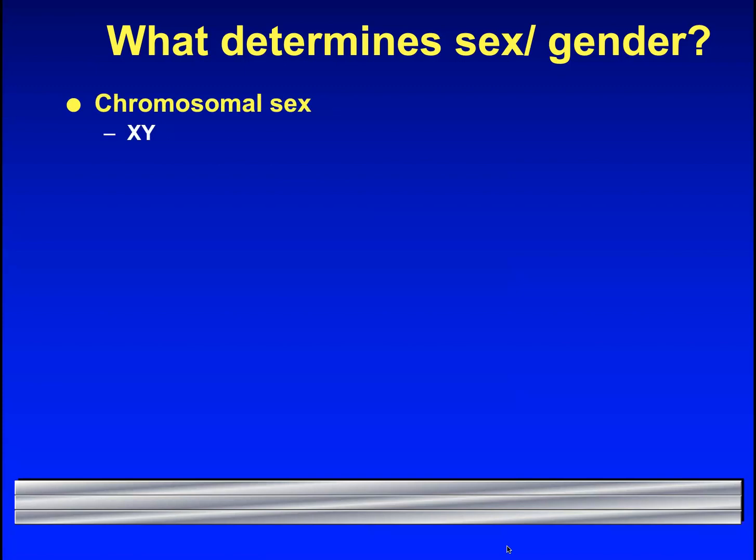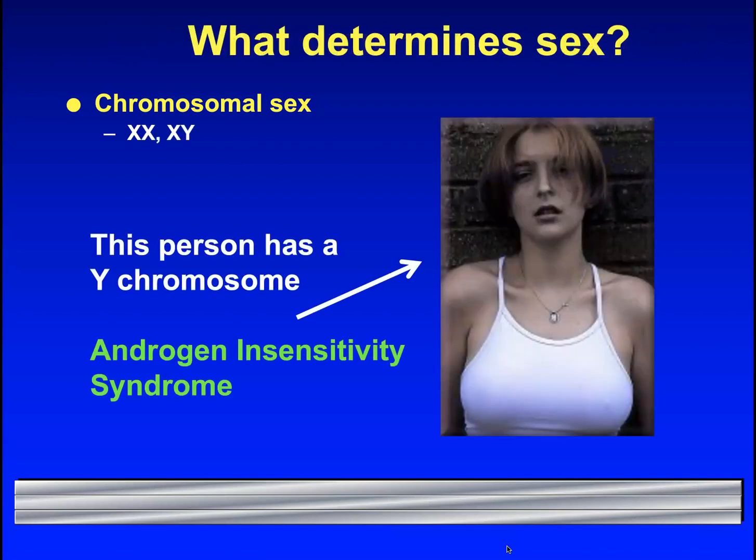All right, if you're XY, you're male, and if you're XX, you're female. Well, first of all, there's a lot of other options. There's XO, there's Turner syndrome, there's XXY, Klinefelters, there's XYY. So it's not as straightforward as XX and XY, but even if it is, it's even then not straightforward. There's a condition called androgen insensitivity syndrome.